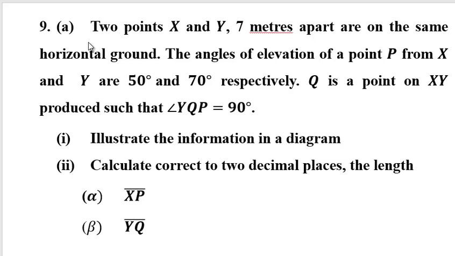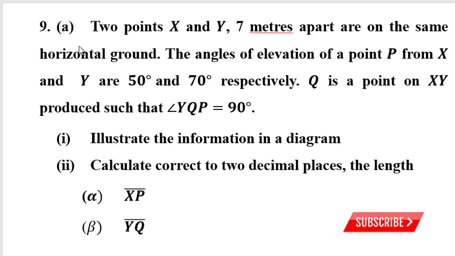Q is a point on XY produced such that angle YQP is equal to 90 degrees. I. Illustrate the information in a diagram. II. Calculate, correct to 2 decimal places, the length of XP, that is the alpha, and then the beta, YQ.